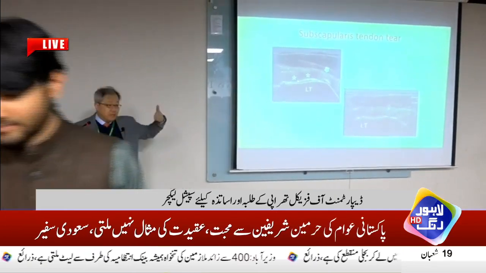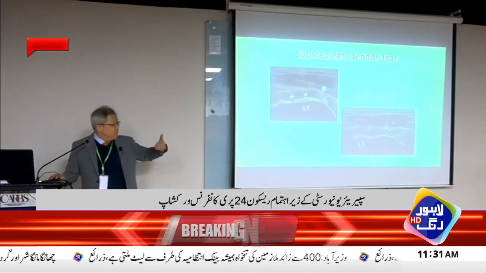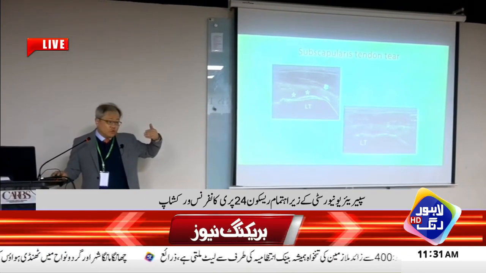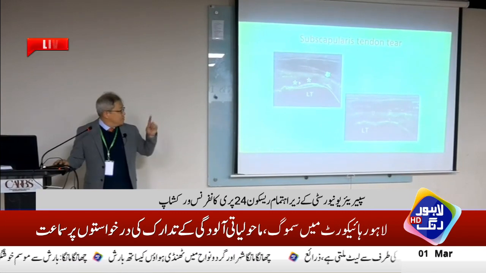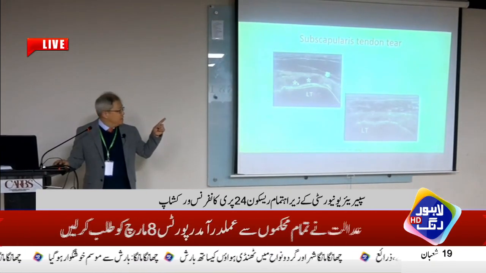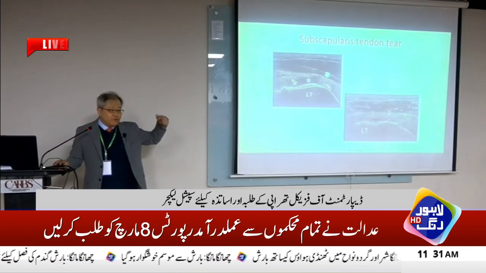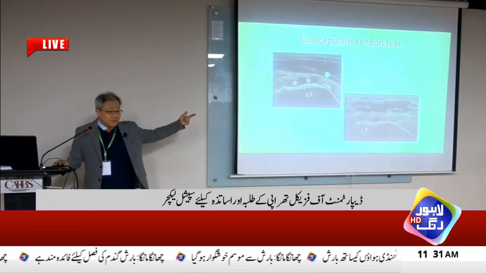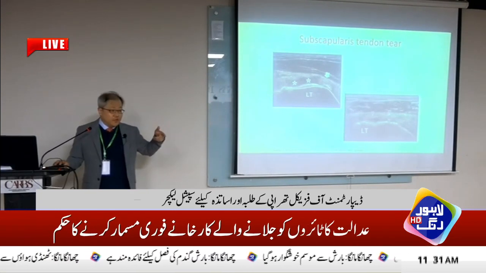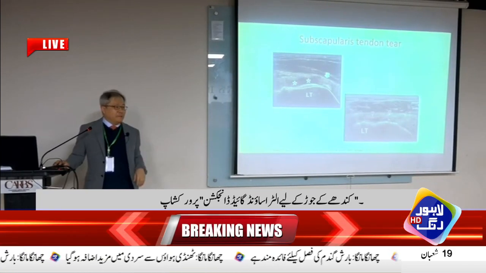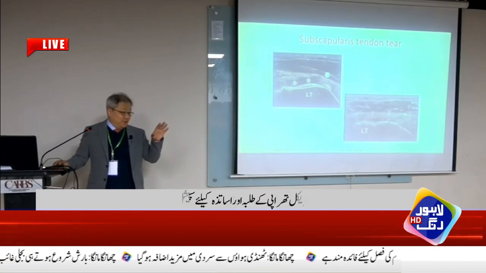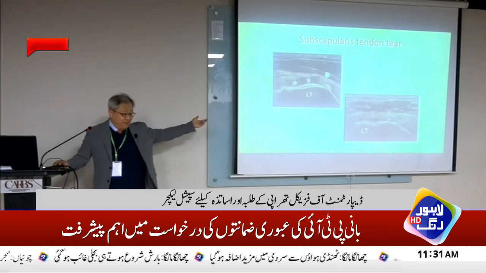So this is an axial view of the subscapularis near the lesser tuberosity. As you can see, this asterisk indicates the void of the signal. Originally, we should see high echogenicity over there.